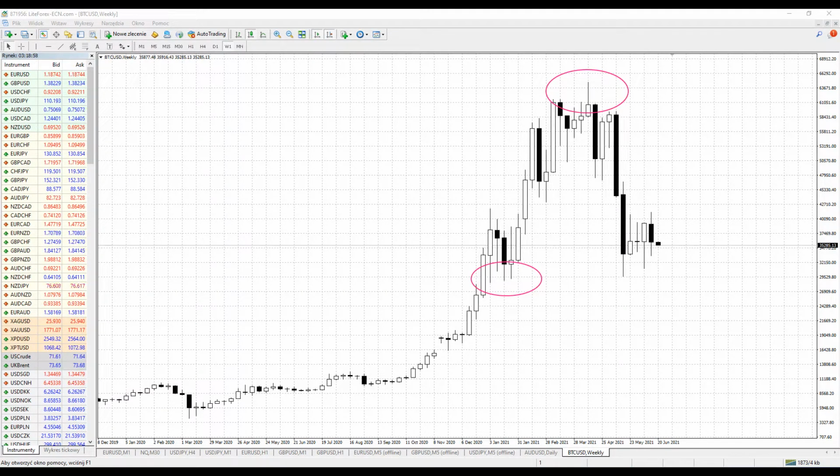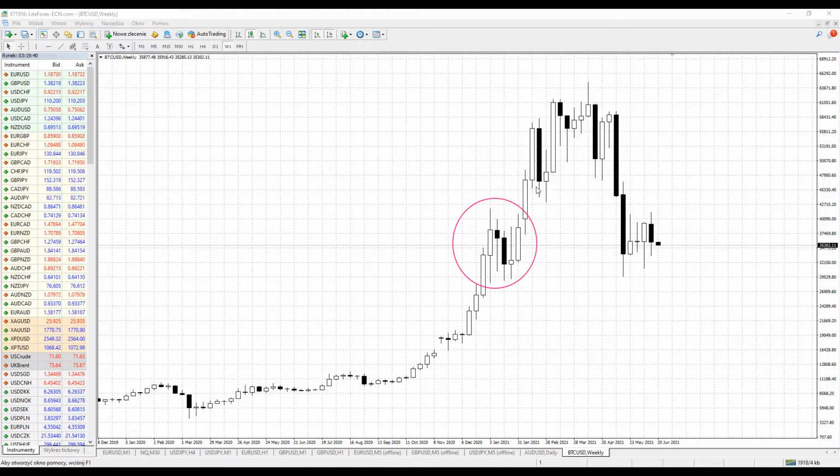Alright, so let's have a look at the weekly Bitcoin chart. Here, as you can see, we've seen the rally, the base, and the rally again. Then we've seen the move to the downside, and some strong pullback. But based on what we already know, we were expecting the price to move down towards this consolidation zone, the pre-break to the upside zone.